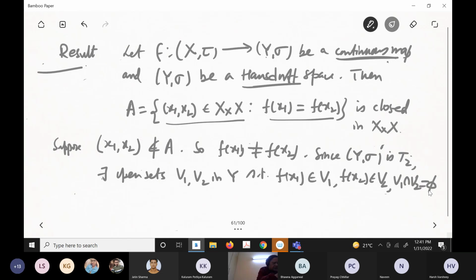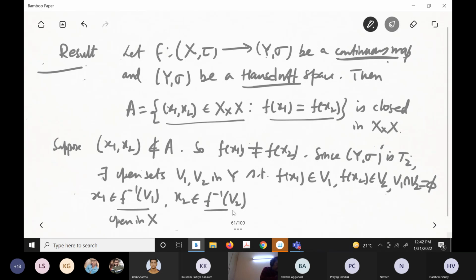Now look, x1 belongs to f inverse V1, x2 belongs to f inverse V2. V1 is open, so this is open in X because f is continuous.